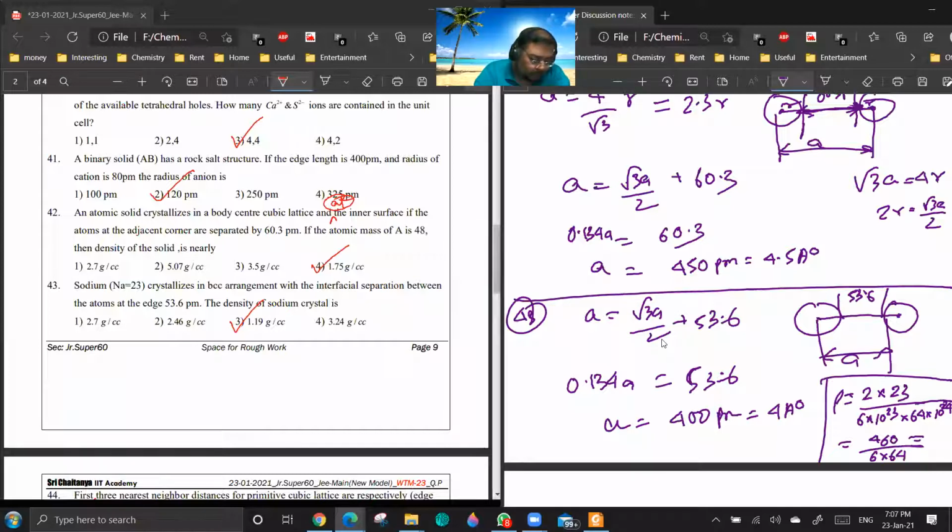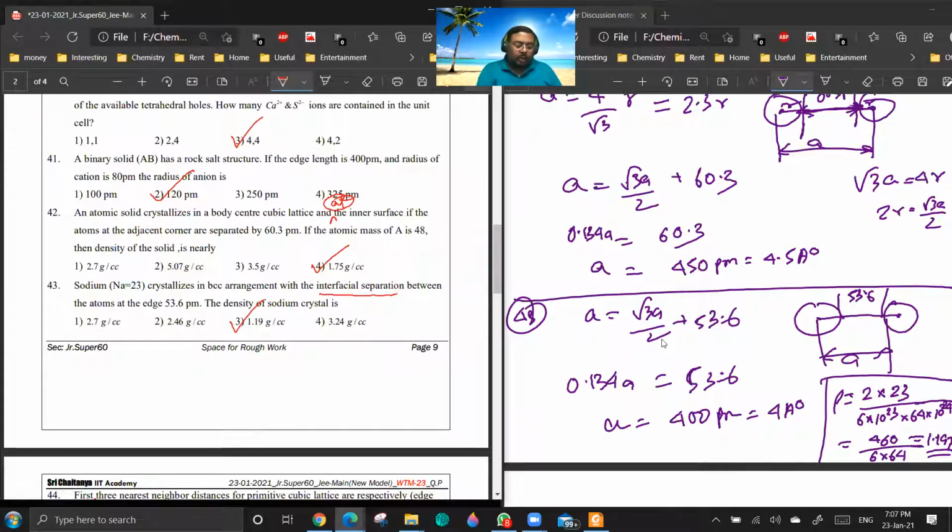So 460 divided by 6 into 64. This is 1.197. Is it clear? 42 or 43 both are similar type of questions. Only thing is this wording is more clear than at the inner surface. Are you getting a point?